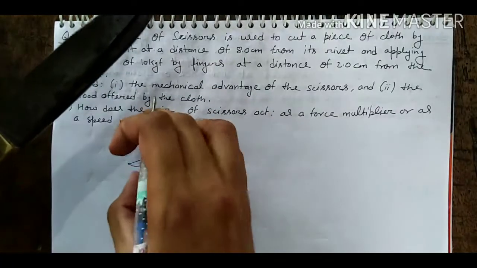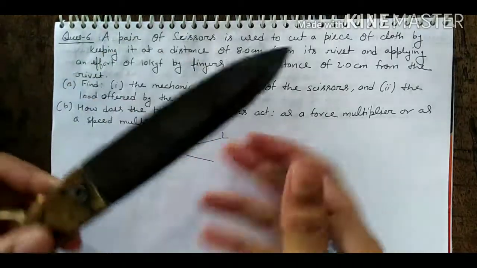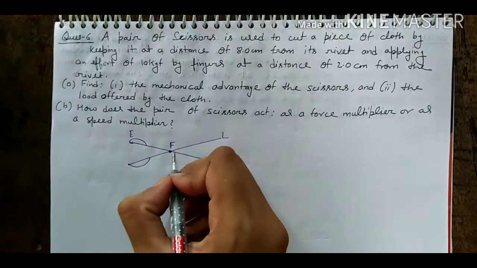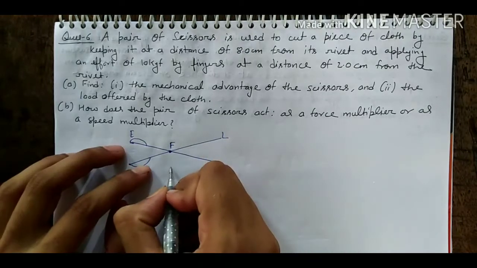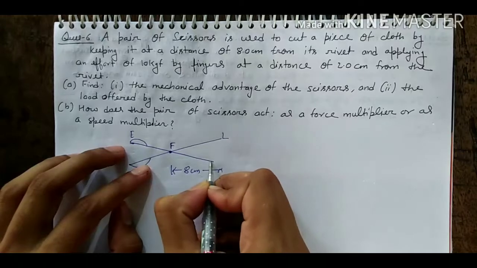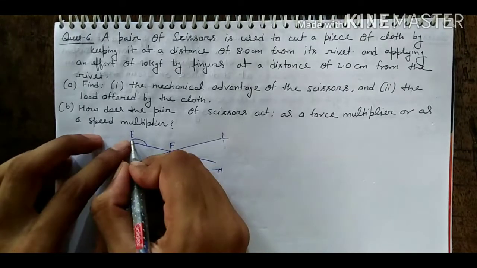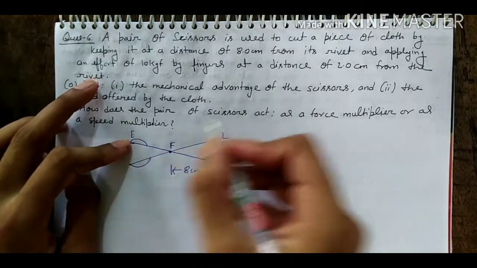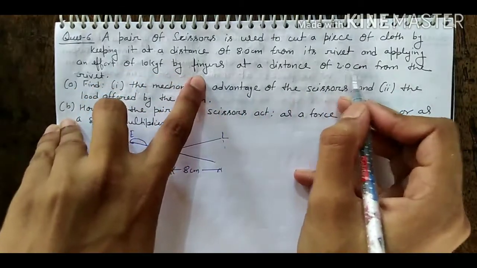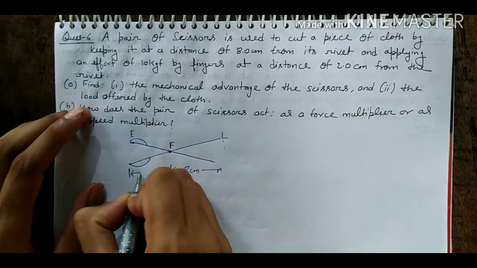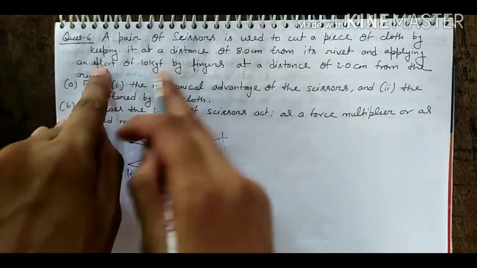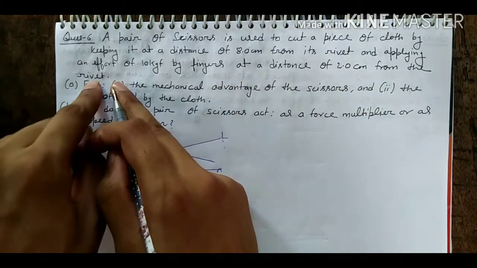Because here we are applying a force, this is the effort, and this scissor is applying the load on this object. The distance from fulcrum to load is given as 8 cm, and the distance from effort to fulcrum, meaning the distance from finger to fulcrum, is 2 cm. Okay, 2 cm from the rivet.